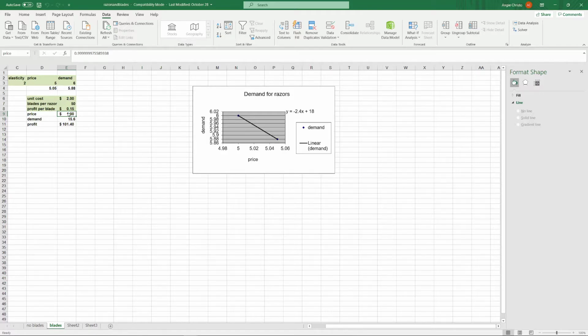So incorporating all of that, you see that the best price here is just $1, so that we have a much higher demand, both for razors and for the blades implicitly, right? And then our overall profit in this case is 109.4 million, when we calculate both.